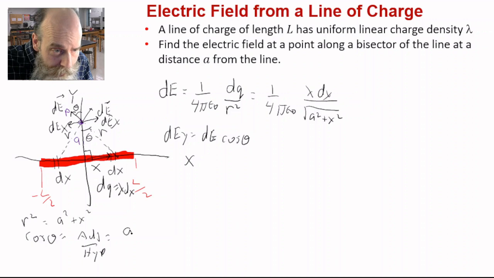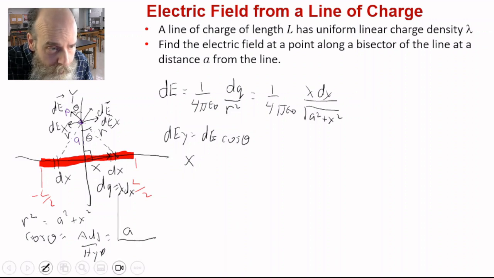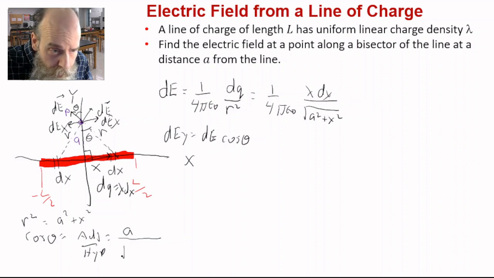So it's A over R, which is square root a squared plus x squared.